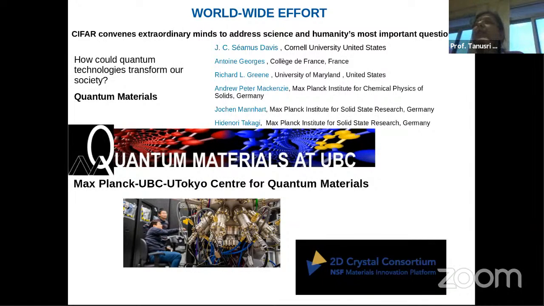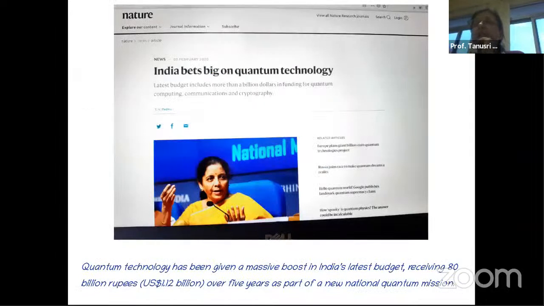So in a nutshell, there is a worldwide effort on the topic of quantum materials, and that is considered to be the research area in the near future. And just to mention, although it is a late entry, India is also considering it as one of the research topics for the future. For example, in the latest budget speech of our finance minister, a large budget in the tune of 80 billion rupees over 5 years has been announced as a part of the new National Quantum Mission. So therefore, it's coming up in a very big way.